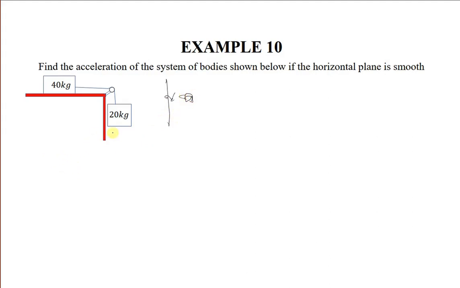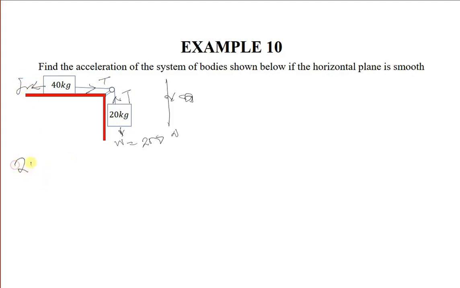Now, let's start here. The weight of the body will be 200 Newton. That is 10 times 20. The tension on the body will move up. The tension here will go like this, and we will have the frictional force there.